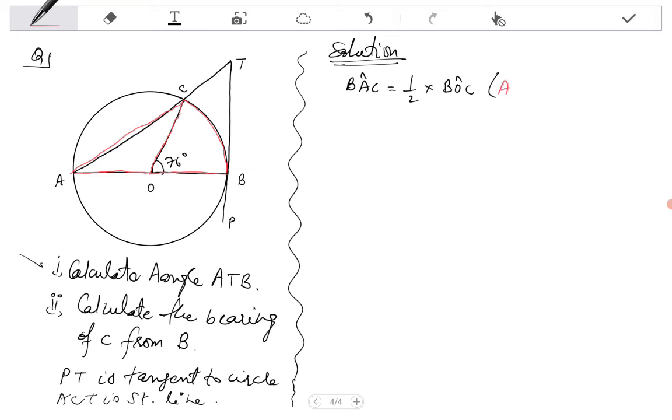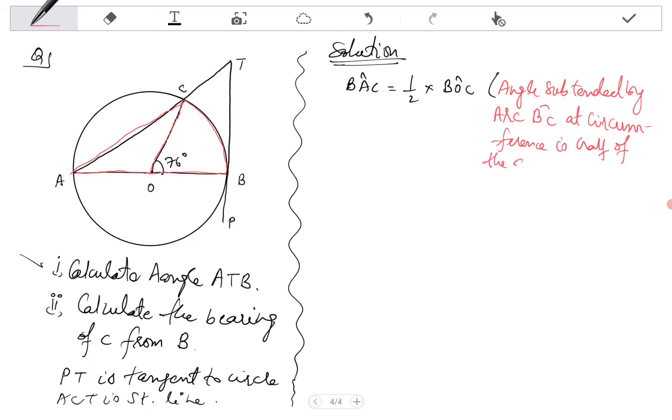So I can write the reason here: angle subtended by arc BC at circumference is half of the angle at center.